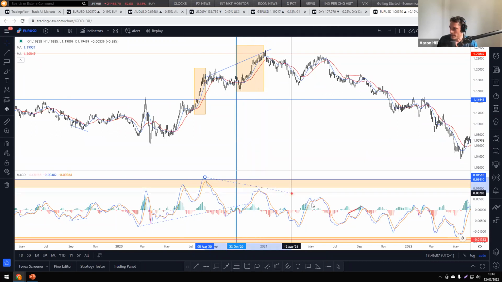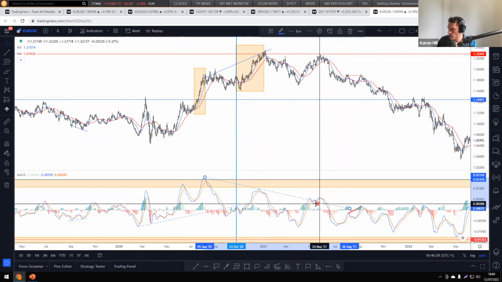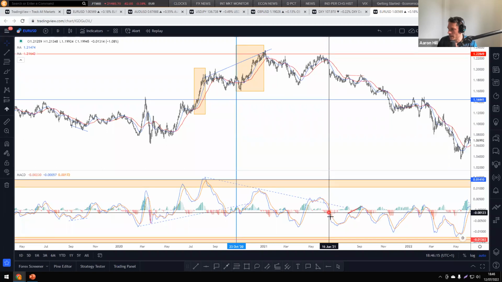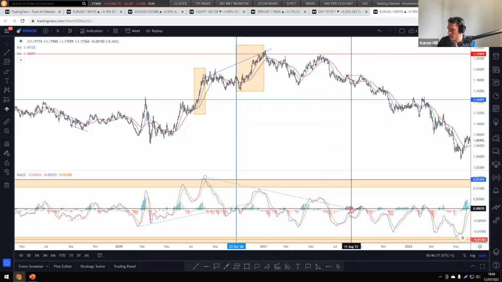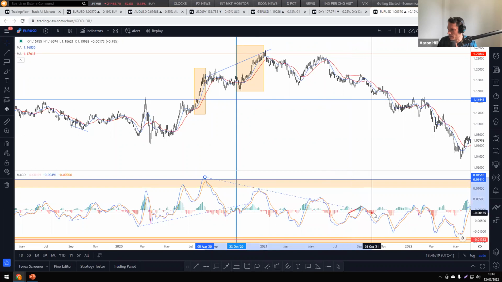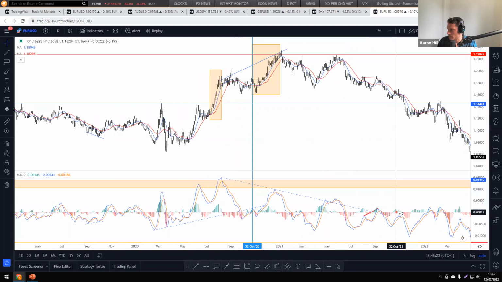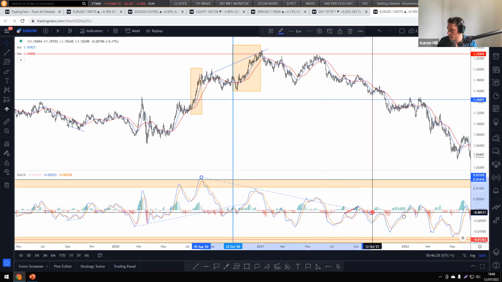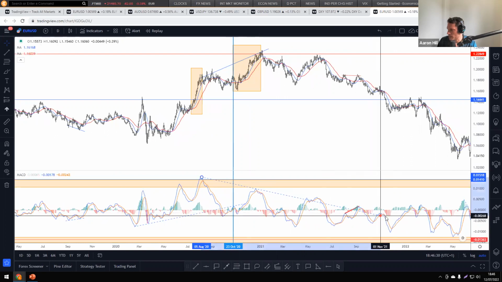Let's extend this one and see what happens. We had a break to the upside here. This was almost a fake out and really didn't get going. So we pushed below here. So there's not really much we could have got from this, to be quite honest with you. Let's stop moving now. Not sure why that is. Just bear with me. Nope, it's not letting me take it. There we go.